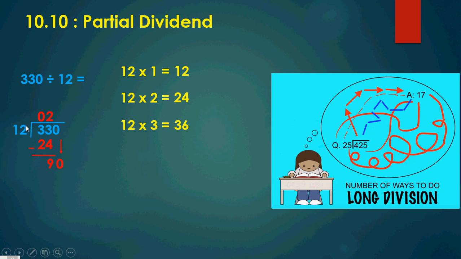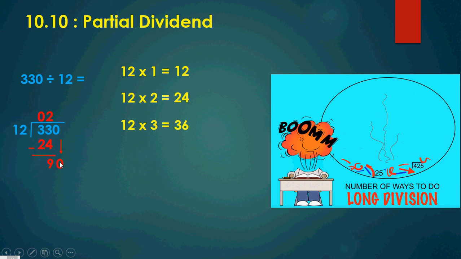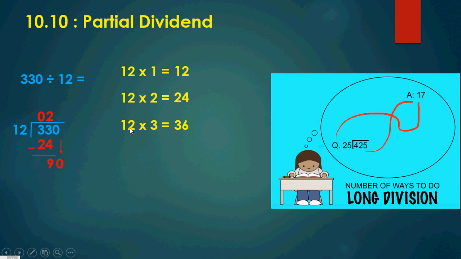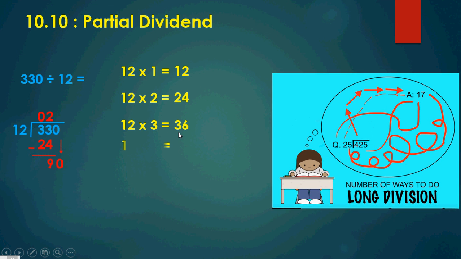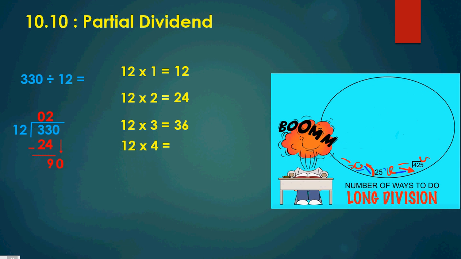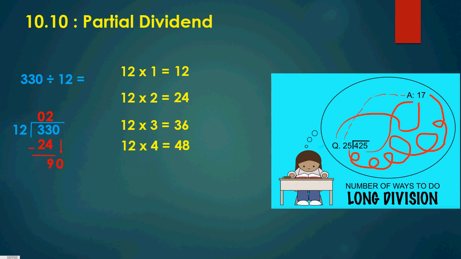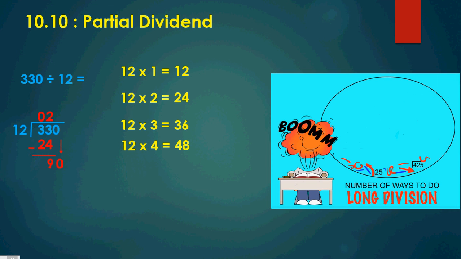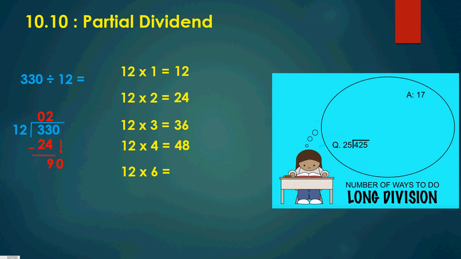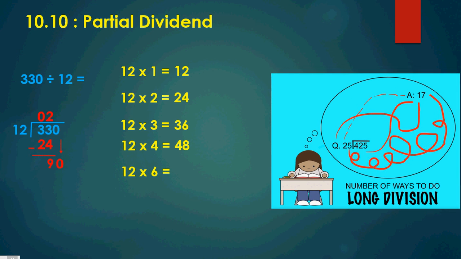How many times does the 12 fit in 90? I know that 12 times 3 is 36, so I'm going to now try with the 4. It's 48. I'm going to skip some numbers because I know I still have a lot left. I'm going to try with 6. 12 times 6 is 72.